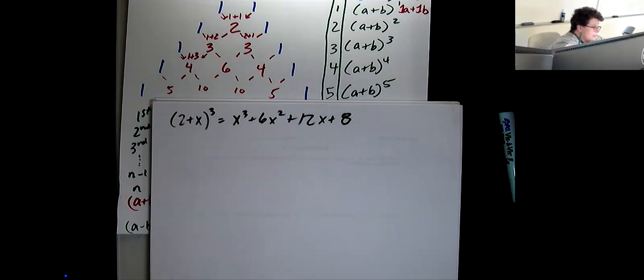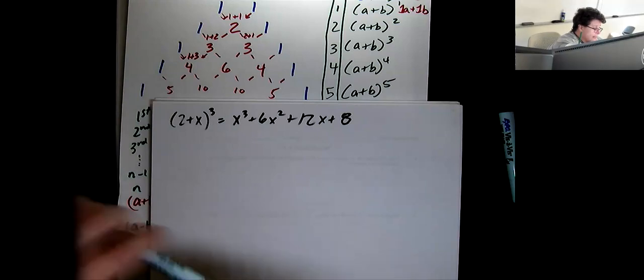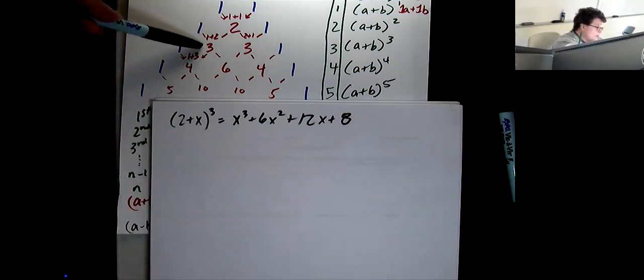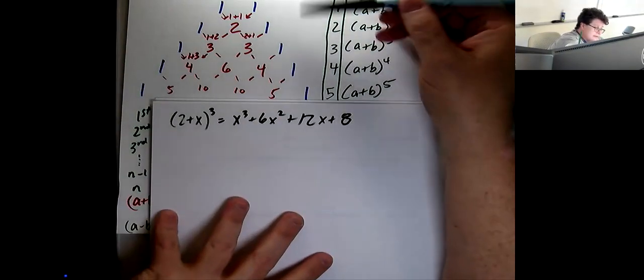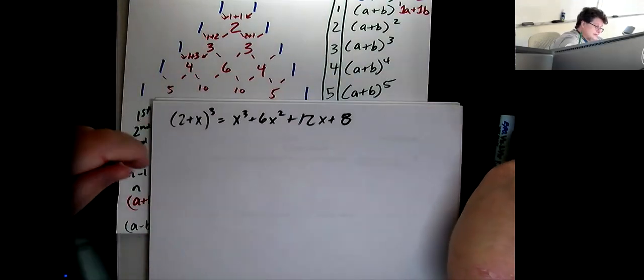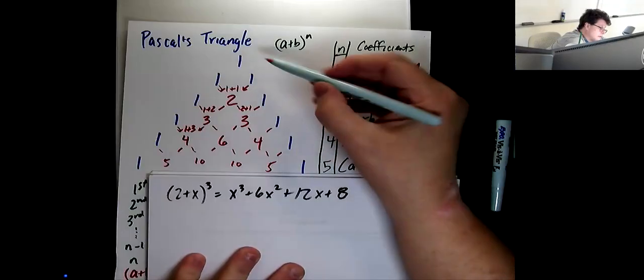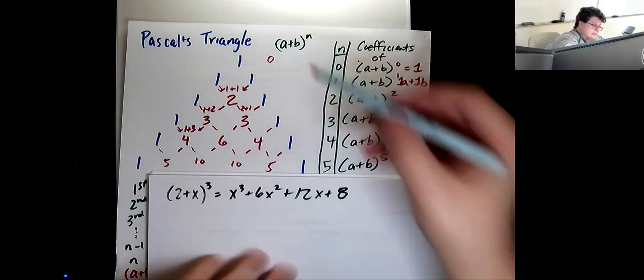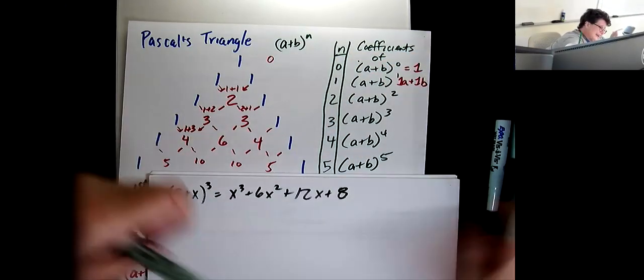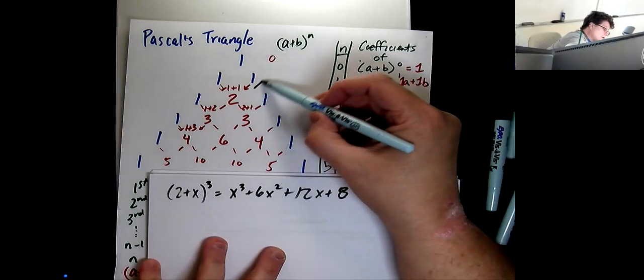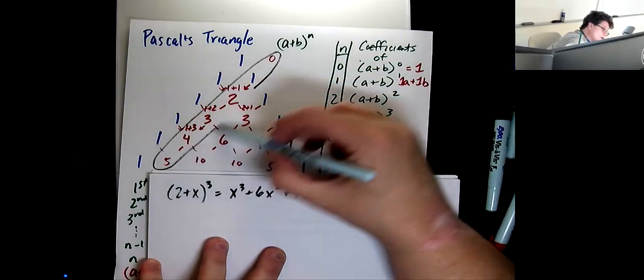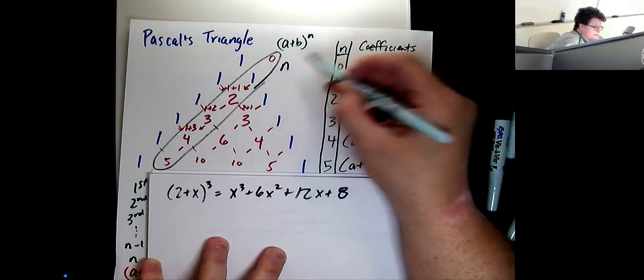Now let's do this with binomial expansion. The cube row is the one that has the 3's as the second number. Notice that this diagonal, the second number in each row, is n.